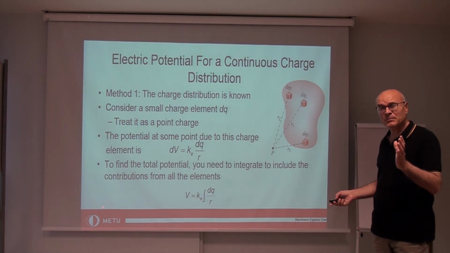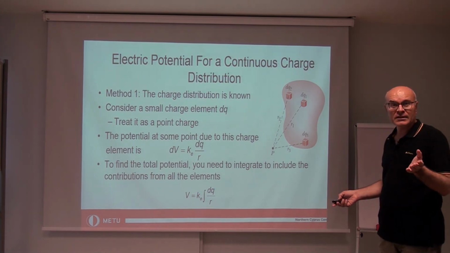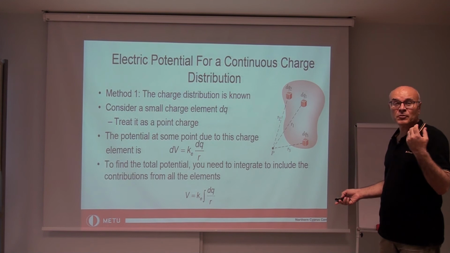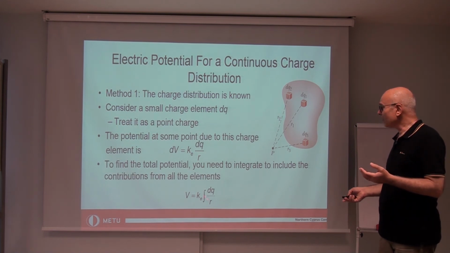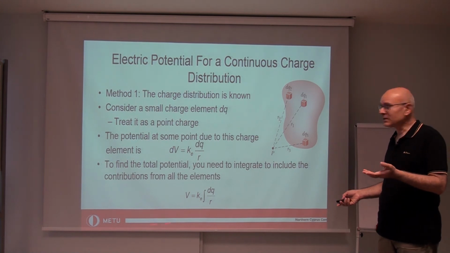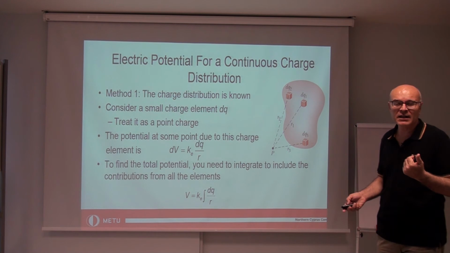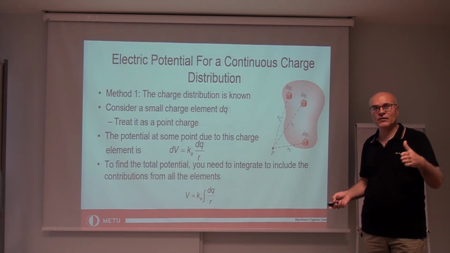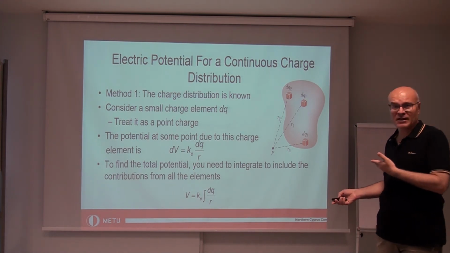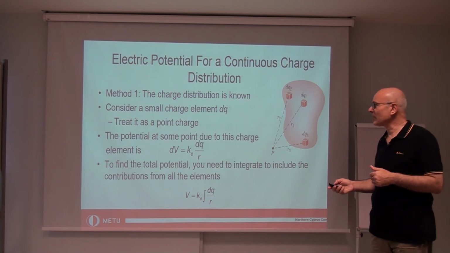This argument is similar to what we did in the case of the electric field, except that here we don't have any vectors, because the potential is just a scalar. Therefore, when you add these up, you are adding scalar quantities, and this integral is the integral of a scalar function. In the case of the electric field, we had an integral over a vector function. So it's actually much easier to work out the electric potential here.